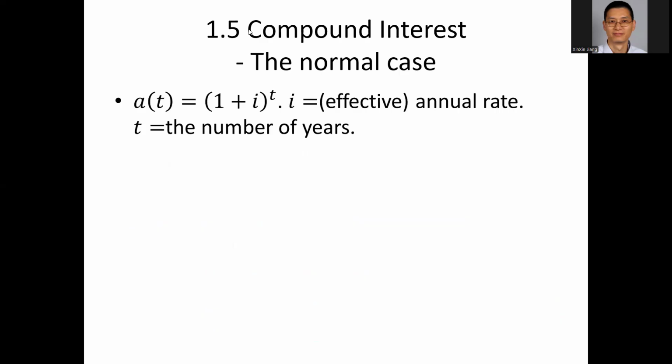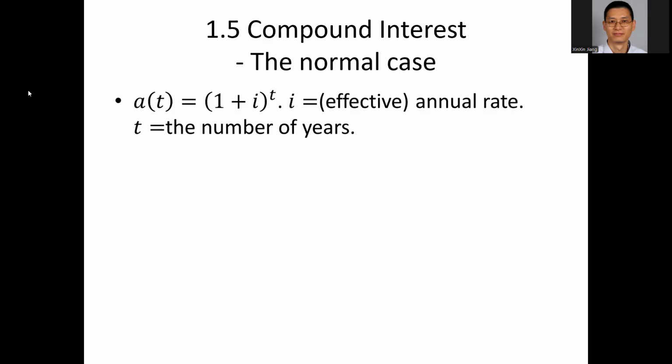Let's continue with the compound interest scheme. This is the normal case. With simple interest, the amount function is linear and the effective rate is decreasing, so it's not fair to at least one of the two parties.